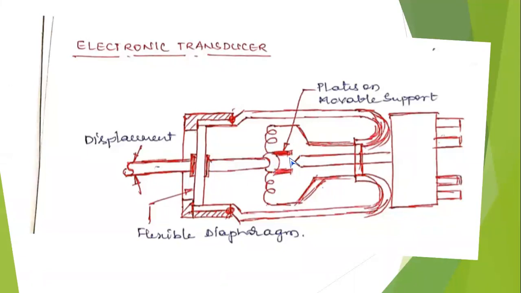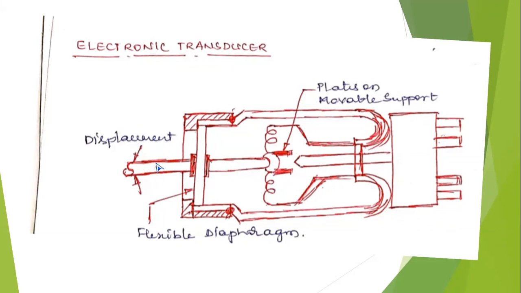The tungsten filament has two plates which move up and down. Due to that, there will be a change in the electric current, due to the movement of the plunger up and down.